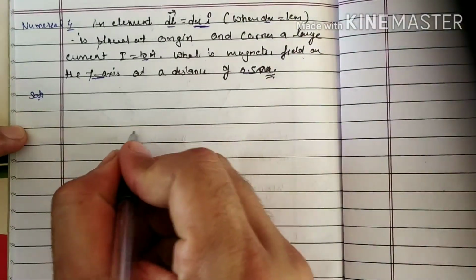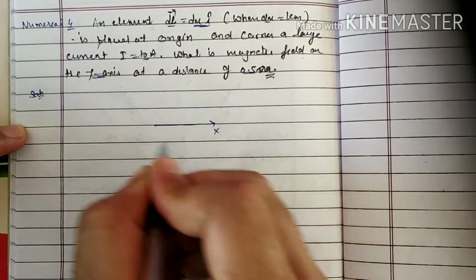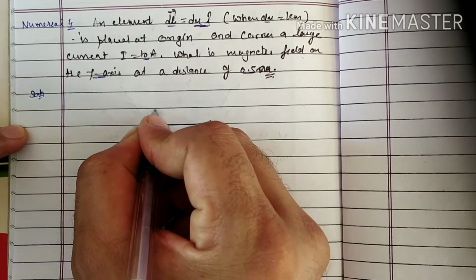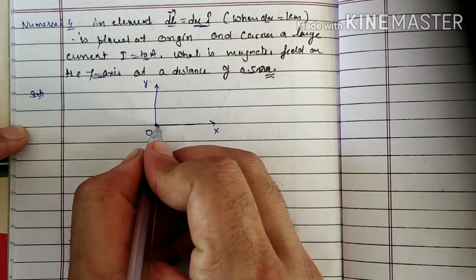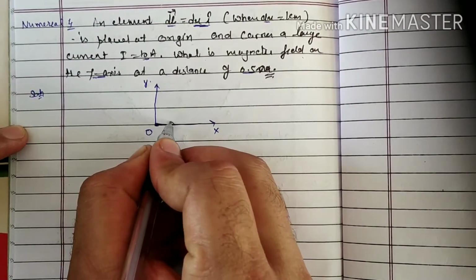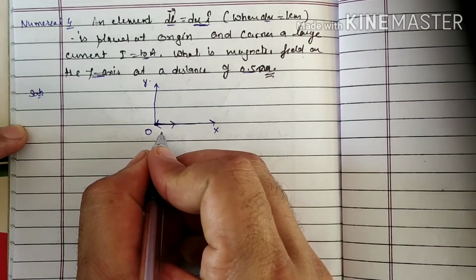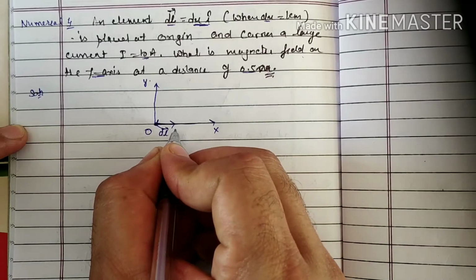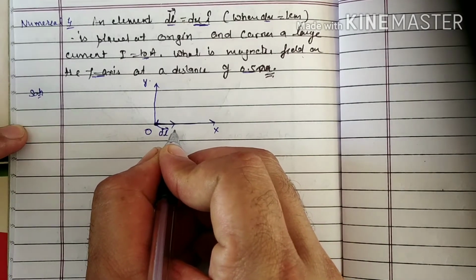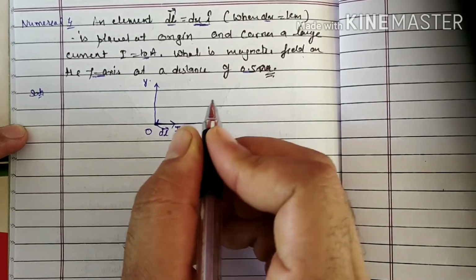This is our x-axis, this is our origin, and this you take as the y-axis. The element of length dl is placed along the x-axis, and the current I flows in the direction of the element, along the x-axis.